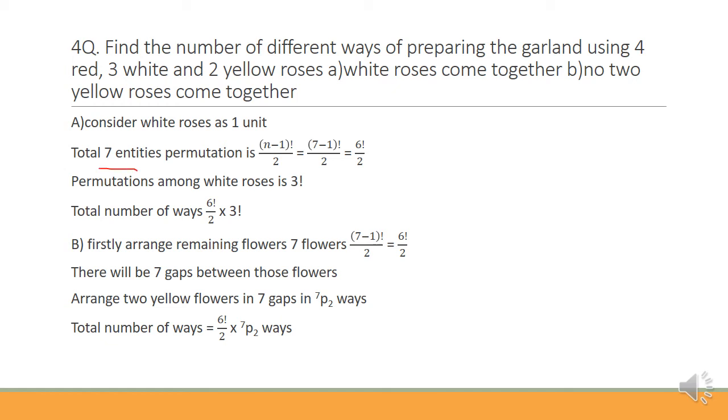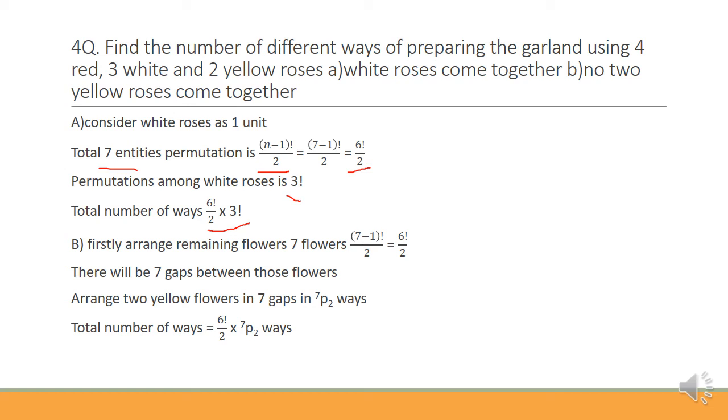So the permutation is n minus 1 factorial by 2, as it is a garland. By substituting in the formula, we get 6 factorial by 2. The permutation among those 3 white roses is 3 factorial. So the total number of ways so that white roses come together is 6 factorial by 2 into 3 factorial.